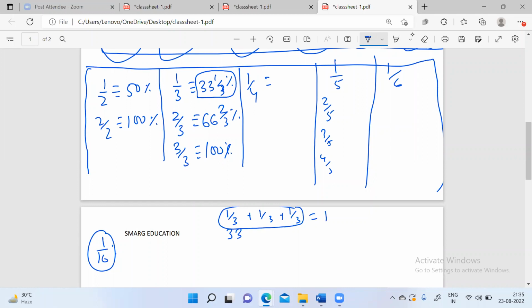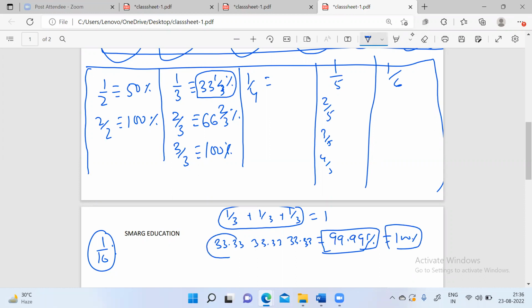Yes, sir. And if you add 3 times its decimal value, 33.33, 33.33, 33.33, what will be the value? 99.99. It is not 100%, right? No, it is not. So that's why we don't prefer the decimal value.